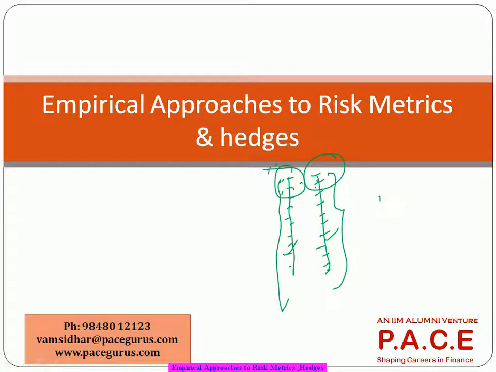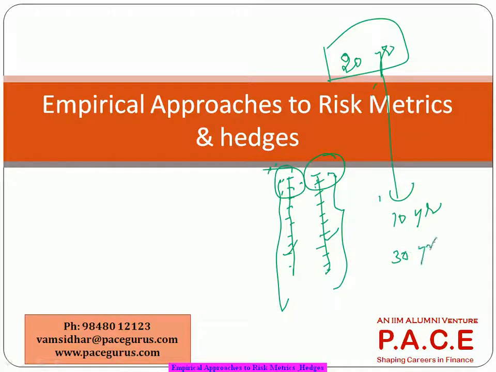So probably even if I am using, let's say I want to hedge my 20-year bond, 20-year maturity bond, right? I may use a combination of some 10-year bond, some 30-year bond, or probably some 5-year bond. I may use a combination of these three bonds to hedge the risk on this bond, right?